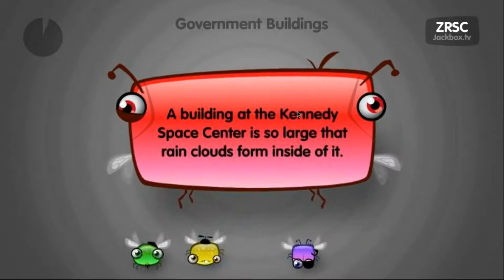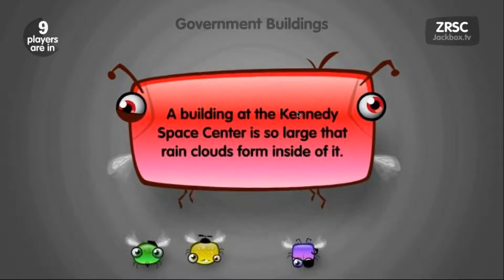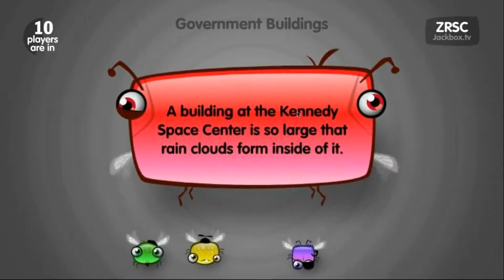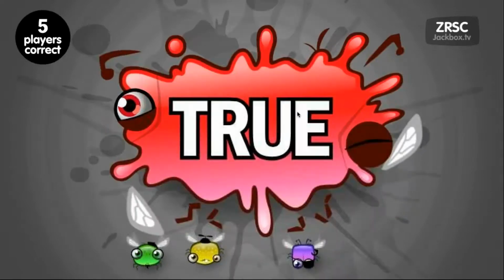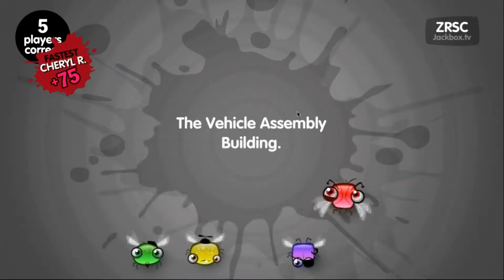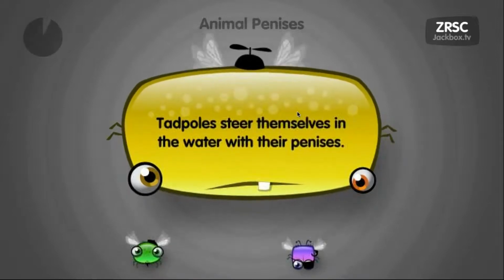A building at the Kennedy Space Center is so large that rain clouds form inside of it. You find out some pretty cool things. Tadpoles spear themselves in the water with their penises.